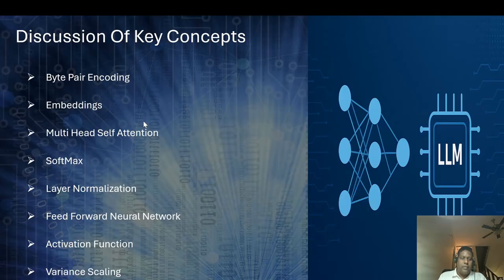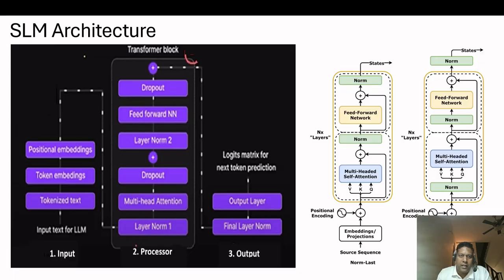So now I think we've covered a lot of good key concepts. Where are we? We are now after byte pair encoding, embeddings, multi-head attention, and then softmax, layer normalization. Next, we need to understand the feed-forward neural network, a key component of this transformer block.